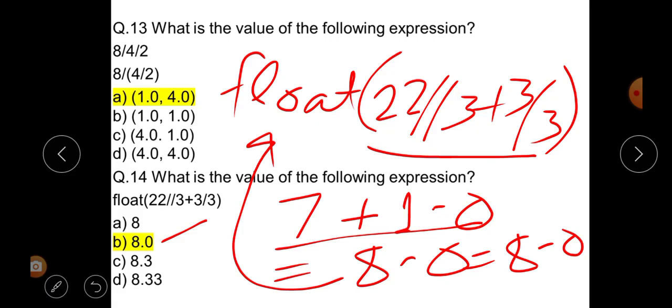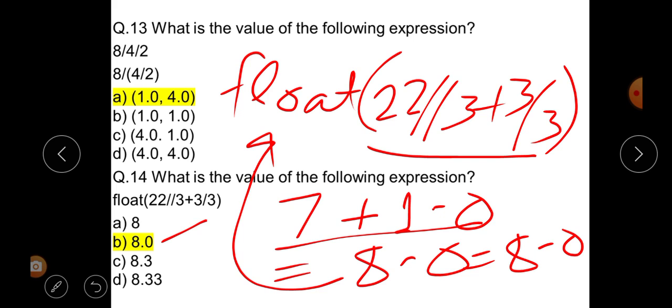Now, always remember two things. There are three types of division operators: simple division, floor division, and modulo division. Modulo division just returns the remainder. The division operator always returns the answer as a float value.